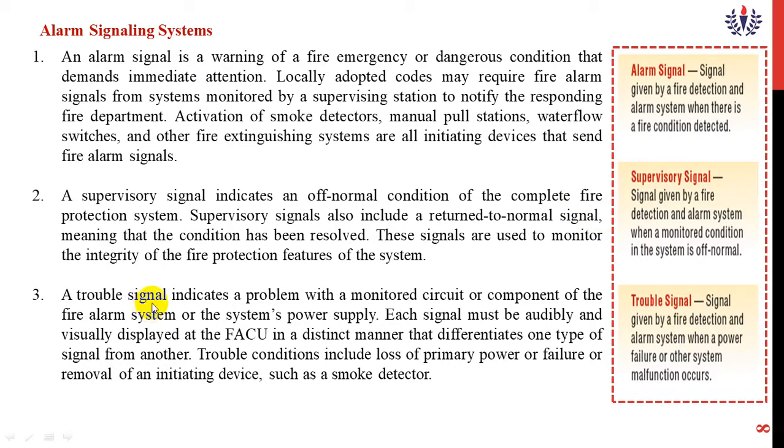The third one is called the trouble signal. A trouble signal is a signal given by a fire detection and alarm system when a power failure or other system malfunction occurs. So what are the different types of alarm signal systems? One is the normal alarm signal, the second is the supervisory signal, the third is the trouble signal.